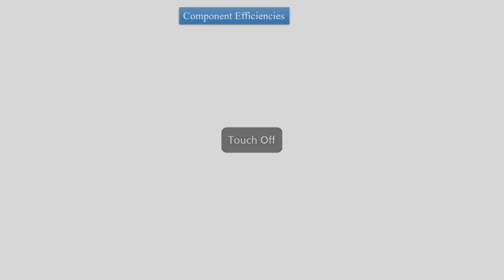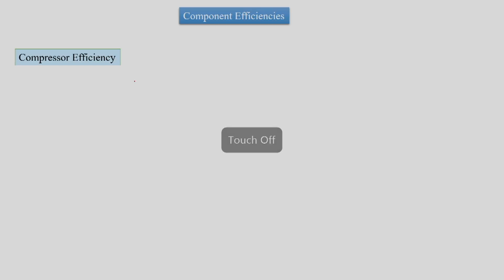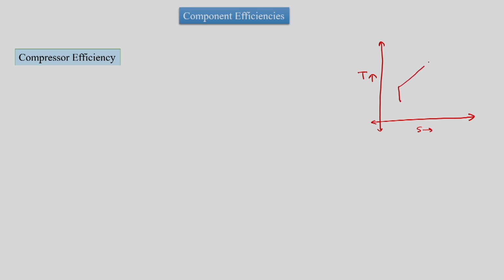Now let us move to the next point, which is component efficiencies. Since we have considered non-ideal components, which are the compressor and turbine, we have to define their efficiency. So let us plot the reference TS diagram as we plotted. T is on the y axis, entropy is on the x axis.